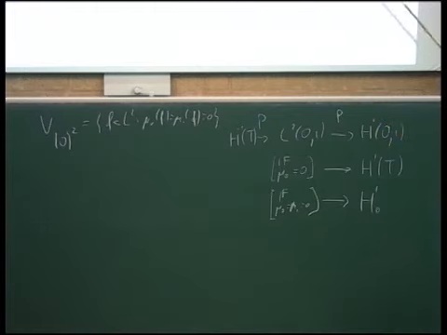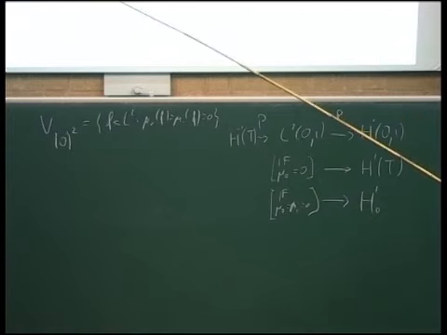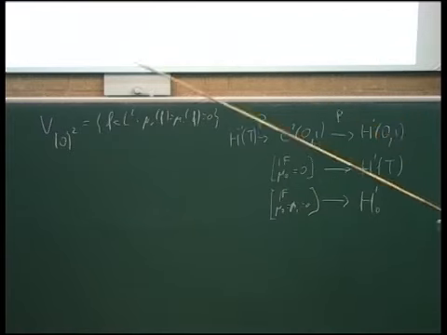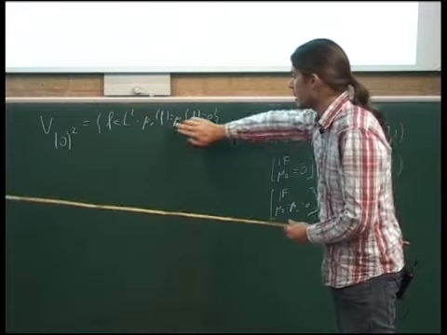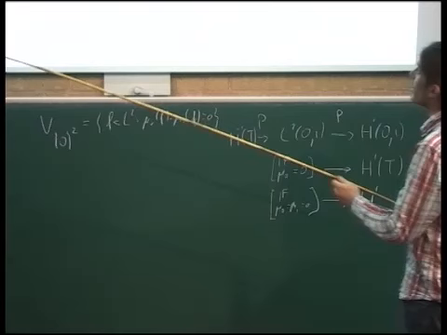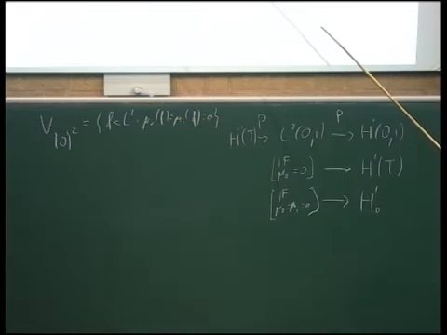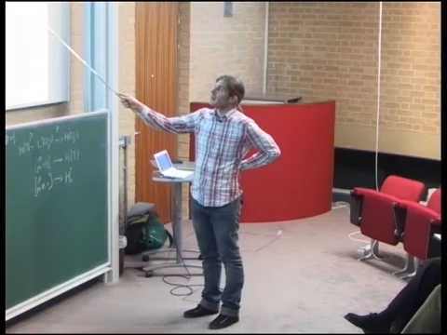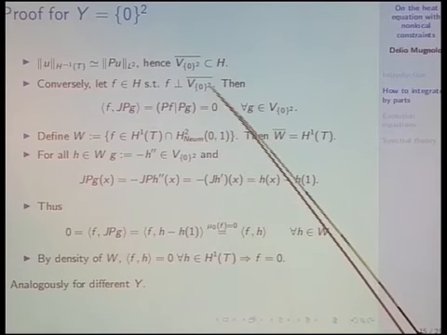Okay, so it is quite clear that the closure of this space is contained in the space of all H minus 1 functions satisfying just this boundary condition. So what's more interesting is to prove the converse inclusion, and then you just take a function which is orthogonal to this closure.